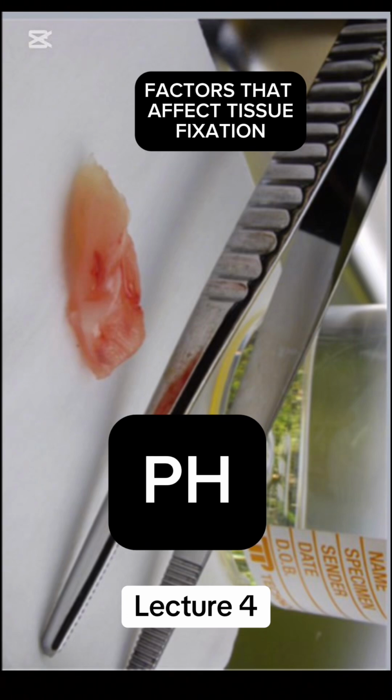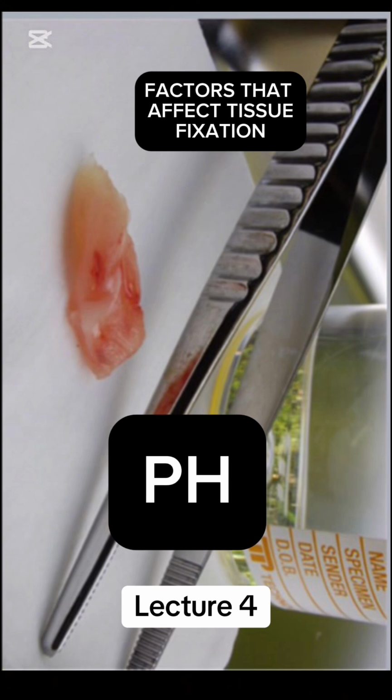Whereas highly acidic pH, pH between 3 to 4, which is appropriate for Bouin's solution, is appropriate for preserving glycogen and connective tissue. Alkaline pH. Alkaline conditions can enhance protein solubility, which may reduce fixation efficiency or create artifacts in some tissues.